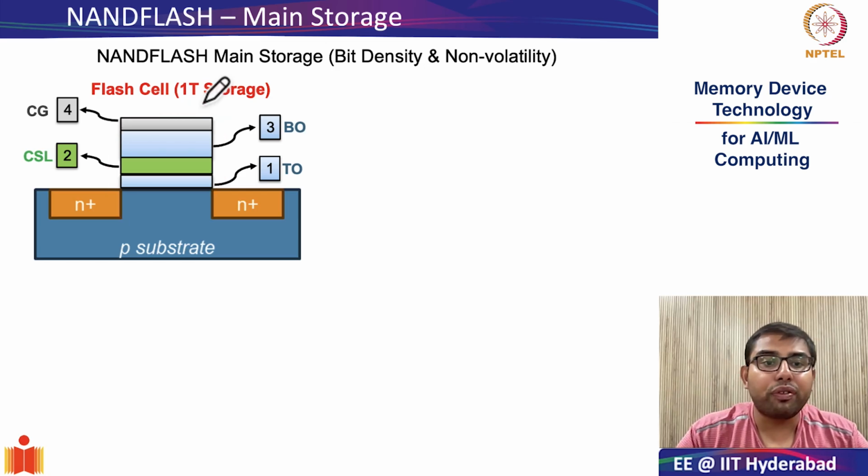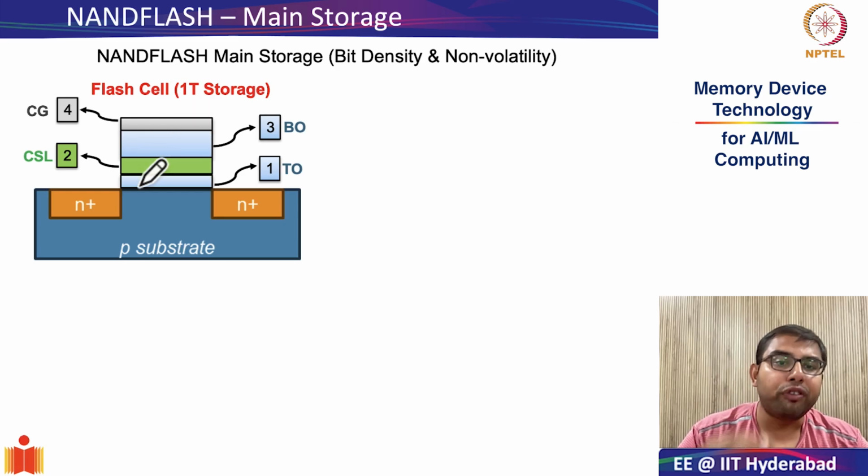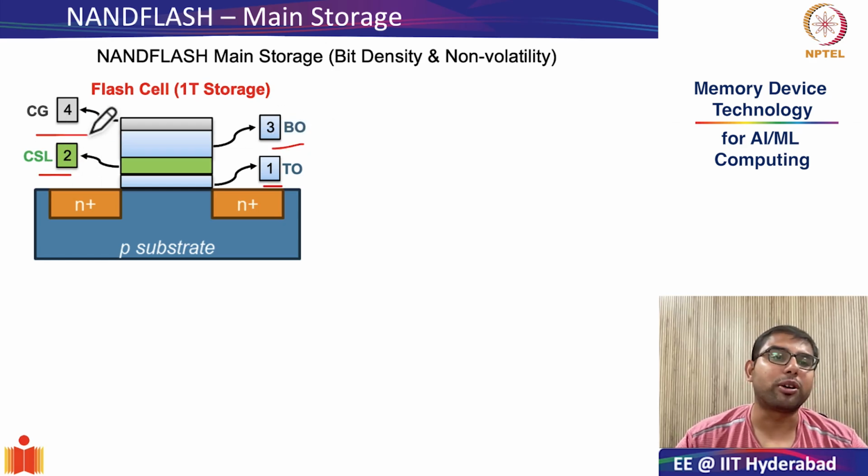So, the gate stack of a logic transistor generally has just an oxide and a metal, but a flash cell has a 4-layered structure of tunneling oxide, charge storage layer, blocking oxide, and control gate.